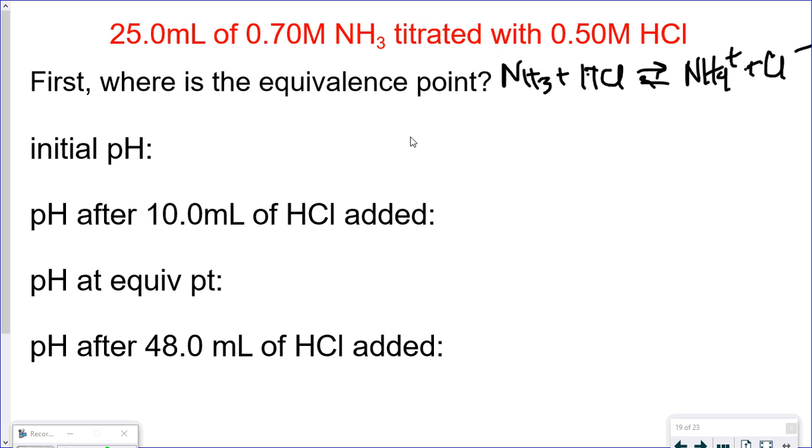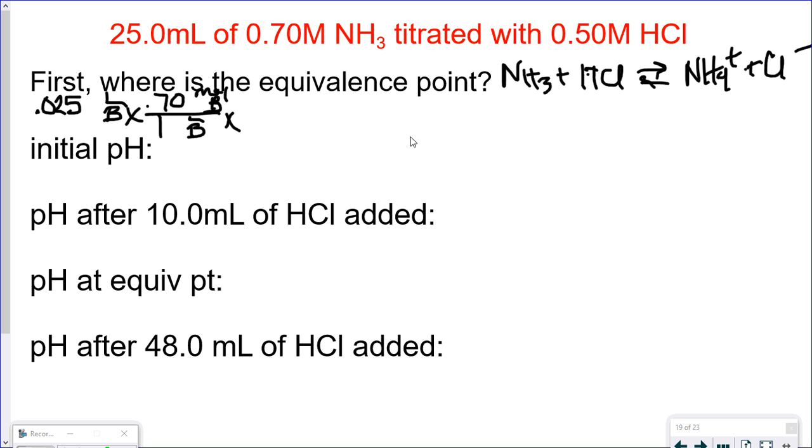For titrations, we start with our liters of our known solution, so liters of ammonia, so 0.025 liters, and I'm just going to put base for ammonia since I'm trying to write small. Change into moles using our molarity. So 1 liter of base is 0.70 moles of base.